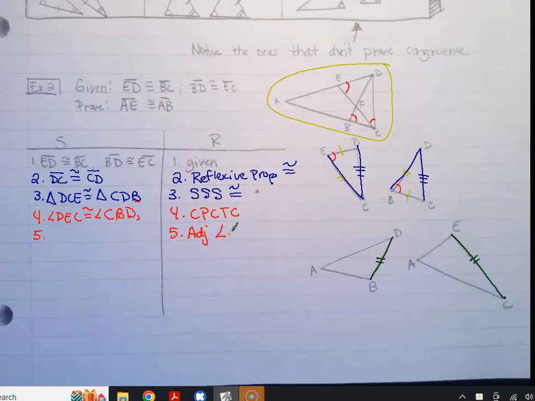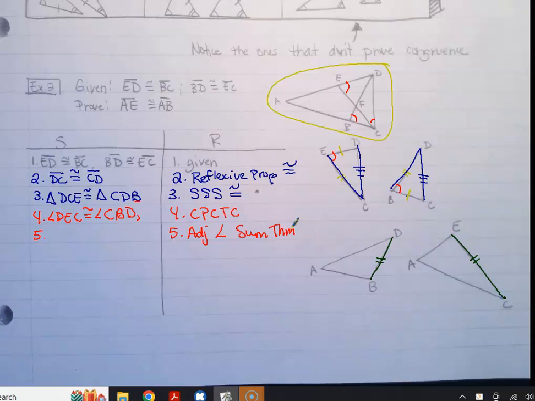Somebody give me the adjacent angle sum theorem. What does that say? Okay, can you tell me what number that is so I can give it to Lauren to reference? 4.41. Okay. And then read it for me.